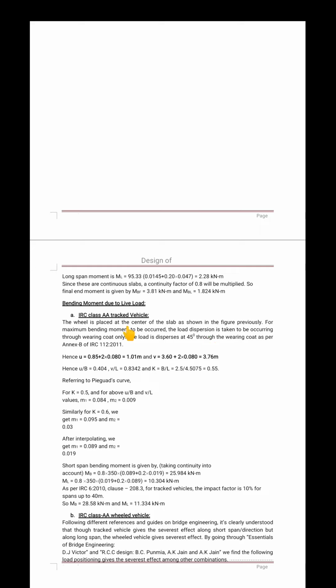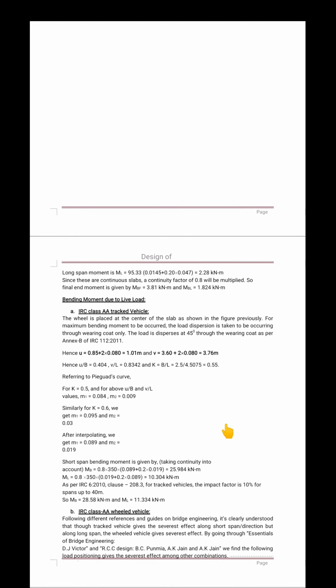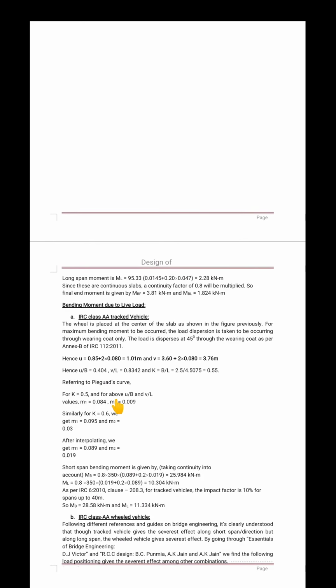So u is equal to 1.01 meter, and v is equal to 3.76 meter. So we'll have to calculate the u by b and v by l ratio. Okay, u by b ratio here, u is 1.01 meter, b is 2.5 meter.